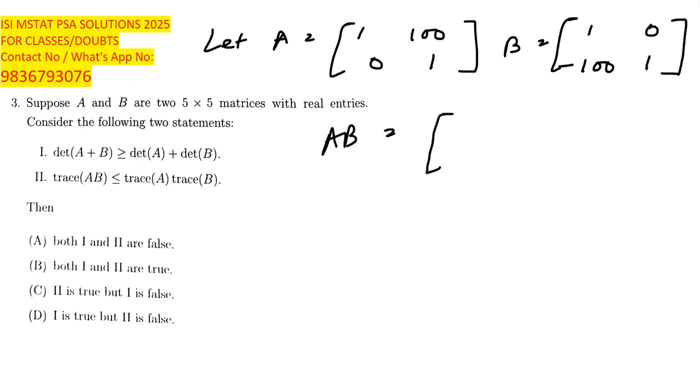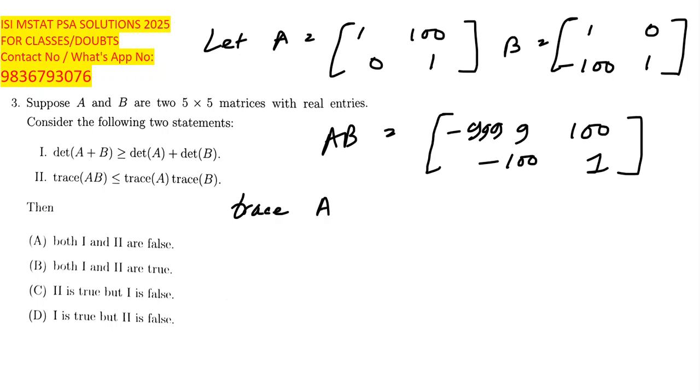AB will be minus 9999, 100, minus 100, 1. So trace AB will be minus 9999 plus 1, that is minus 9998.